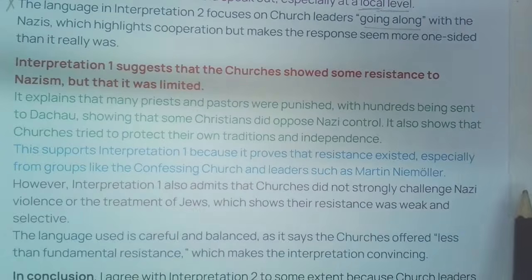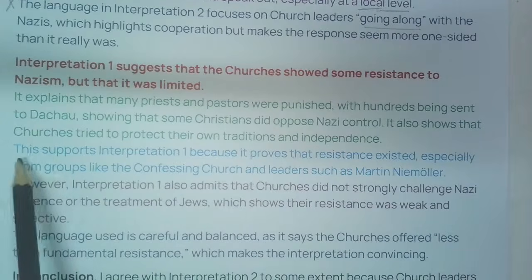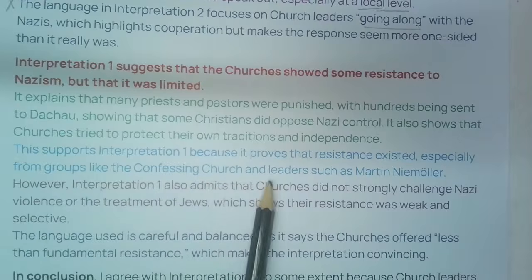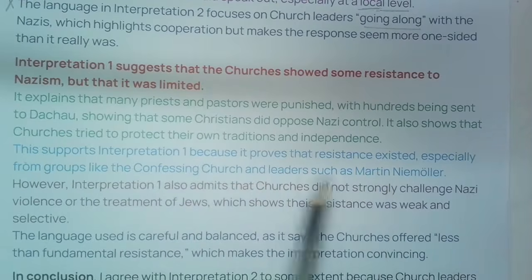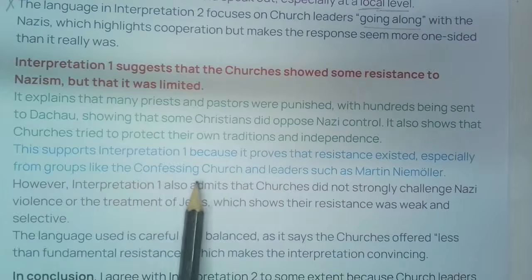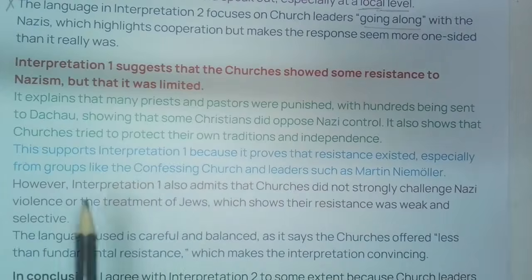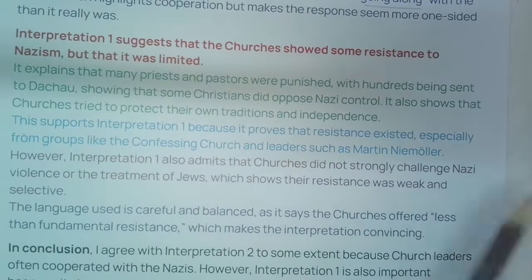So again, we're just restating stuff that's either in the interpretations or that we covered when we were doing the knowledge for our question 3A. How does that back up what the interpretation says? This supports interpretation 1 because it proves that the resistance existed, especially from groups like the Confessing Church and leaders such as Martin Niemöller. This is stuff we know because we put it in question 3A.